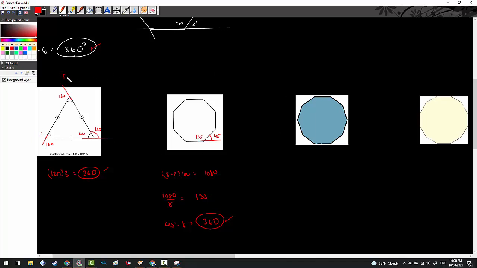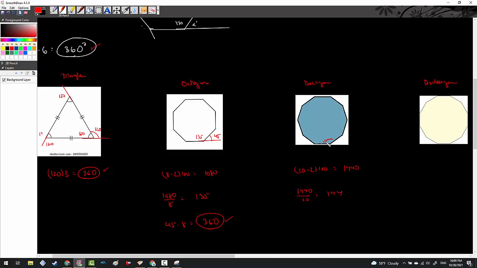So this is the triangle. This is the octagon. This is the decagon. And then this is the dodecagon, 12 sides. So from here, again, 10 minus 2 times 180, so that's 8 times 180, which ends up being 1440. 1440 divided by 10 is 144 per angle.